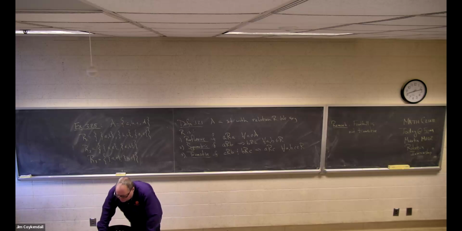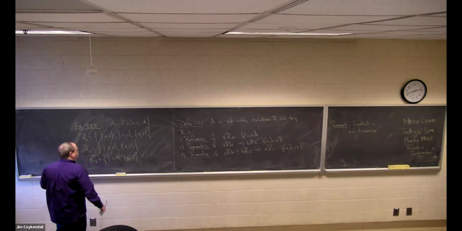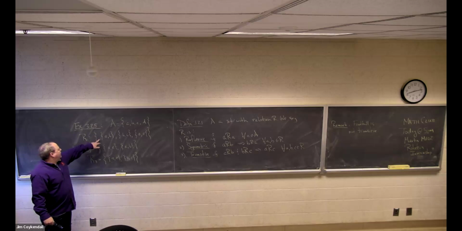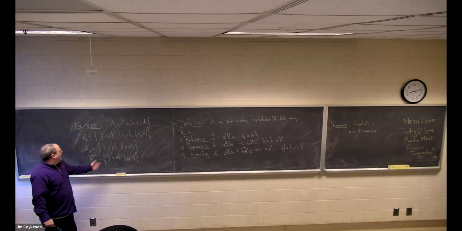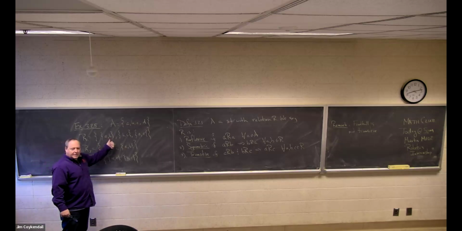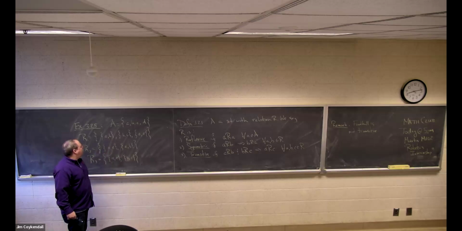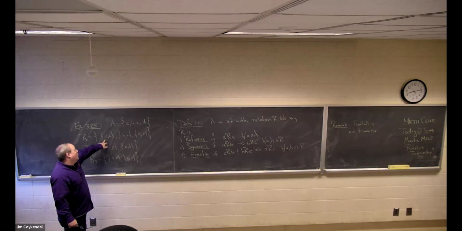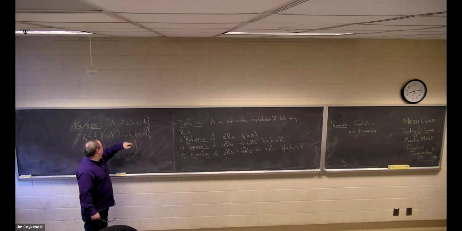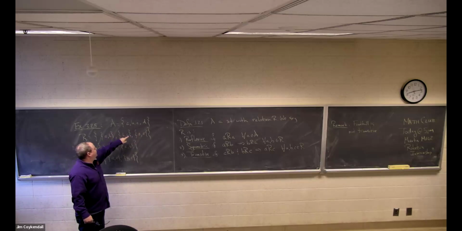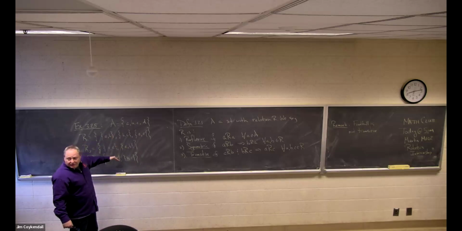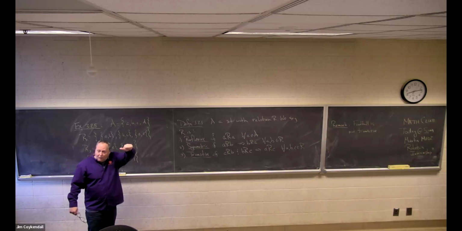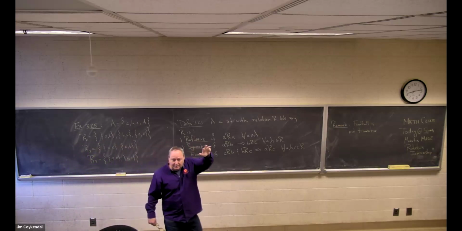Okay, what properties do these have? Is R1 reflexive? No, because for it to be reflexive on A, I would need AA, BB, CC, and DD to be in here, all four pairs, right?